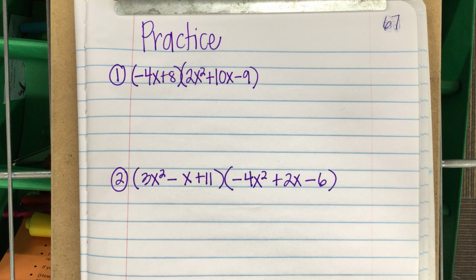Number 2 is a trinomial times a trinomial. So you'd have to triple distribute because it's a trinomial. Or if you're going to draw a grid, since it's a trinomial times a trinomial, you would get a 3 by 3 grid.